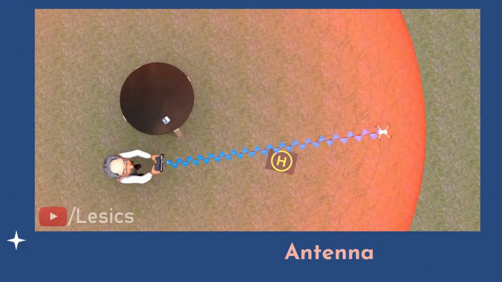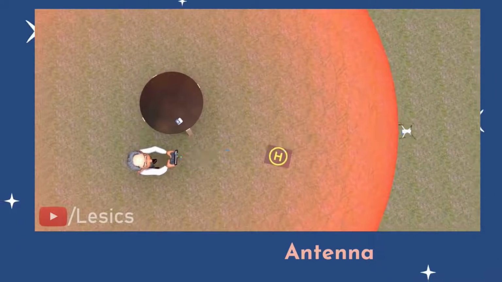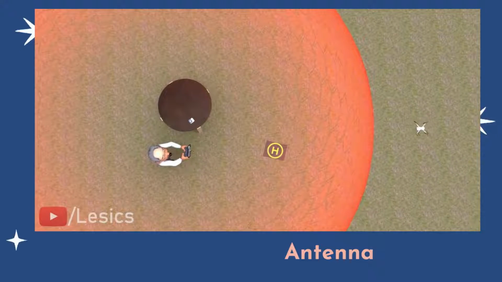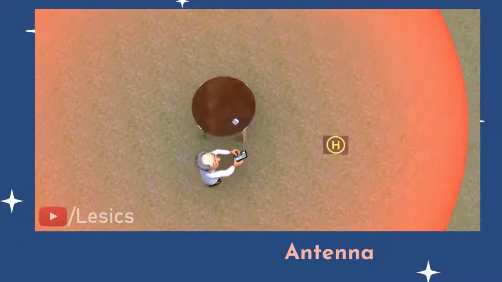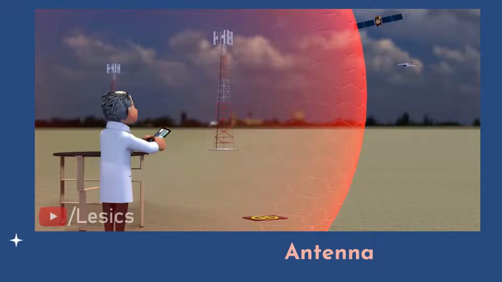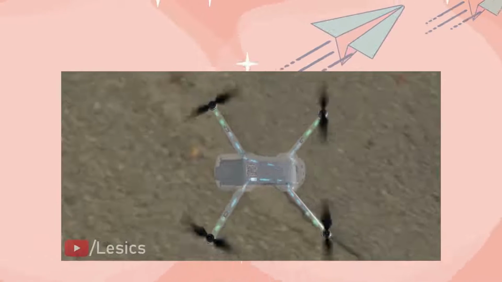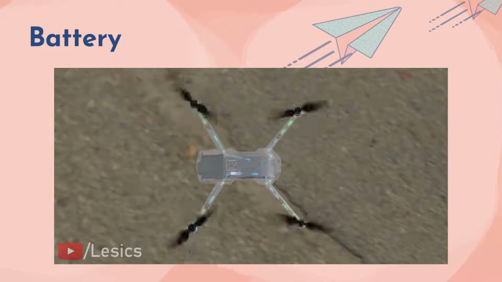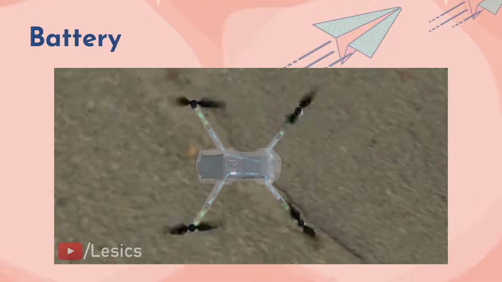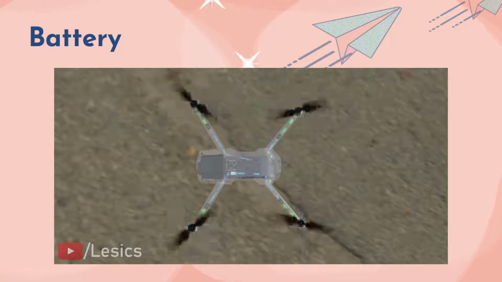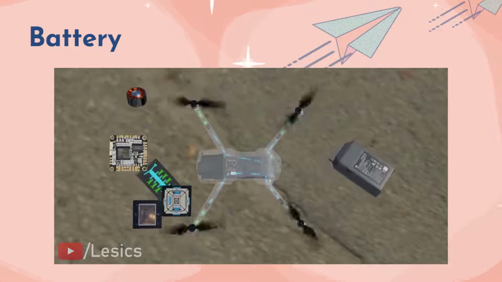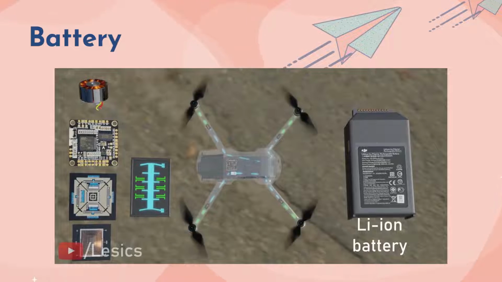Connected to it is the antenna that emits a radio frequency signal in all directions, which provides a greater distance of video signal and improves its stability. Batteries are another basic part of any electric drone. They determine energy intensity, power, and useful life.